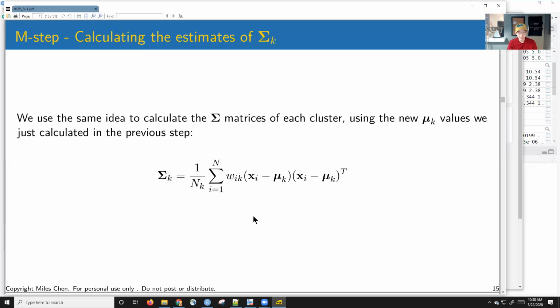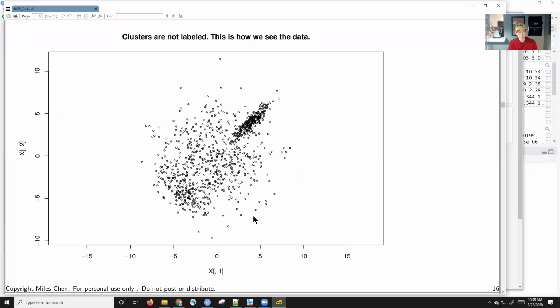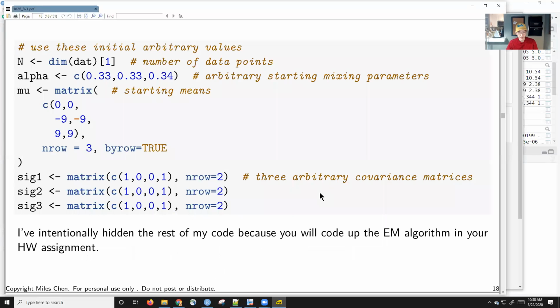Okay, so here we go. The clusters are not labeled. This is how we're going to see it, and these are the true group assignments. What we're going to do is just kind of mess around. I'm going to start off and arbitrarily say a third of our points come from cluster 1, a third from cluster 2, and slightly more than a third from the last.